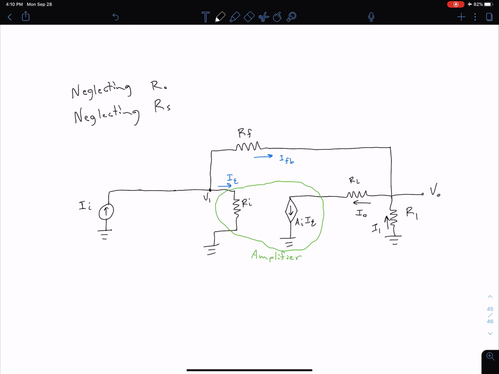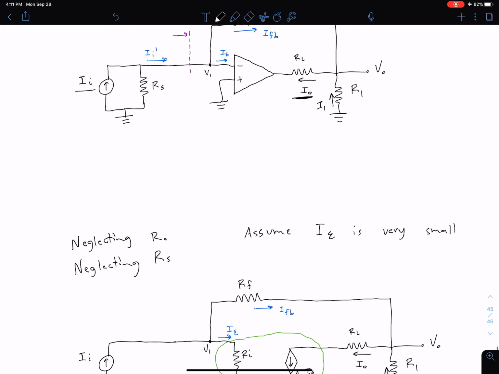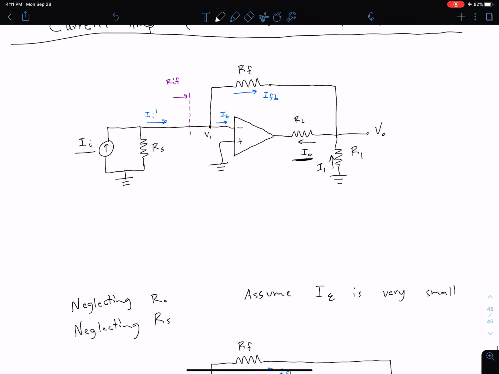One other thing that we're going to assume is that our error current is very small. So assume our I sub epsilon is very small, and that checks out with what we know about ideal op-amp analysis, because we know ideally we shouldn't have any current going into these input terminals of our op-amp.